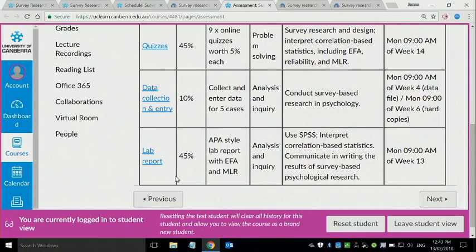So the lab report will be you demonstrating your ability to use those techniques using the class collected data file. There's more data than you can possibly analyse in terms of numbers of variables. So you'll also need to come up with your own research question and hypotheses and interrogate the data file to answer that set of questions.